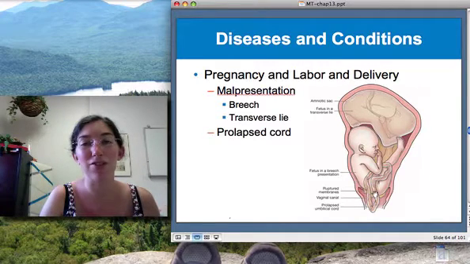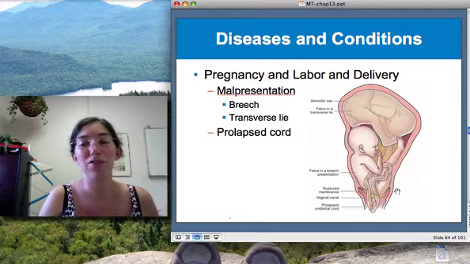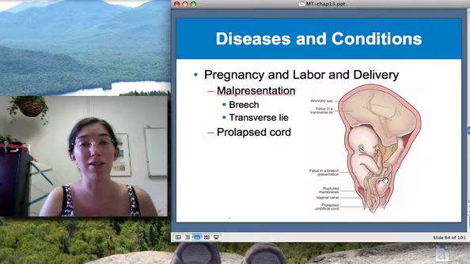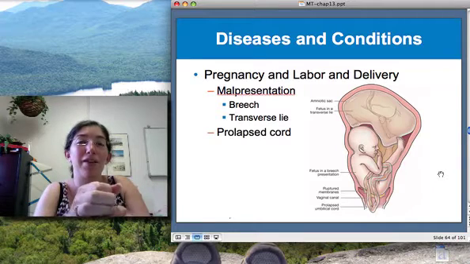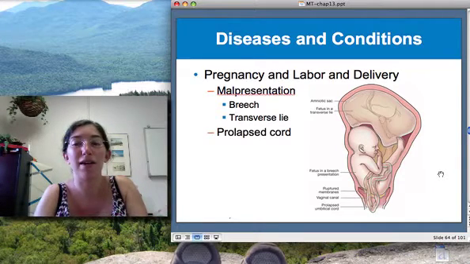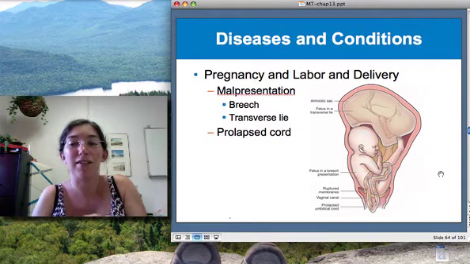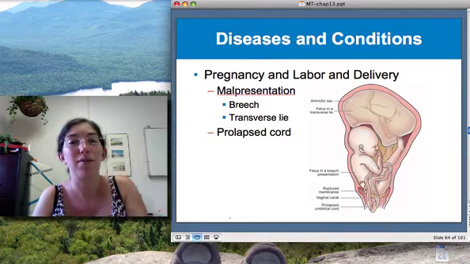One of the complications with breech presentations is the potential for a prolapsed cord, where essentially the cord comes out first, and it can become pinched off. Until the fetus is delivered and the cord is cut, they are still getting their blood flow and oxygen from the mother's blood until they come out and breathe their first breath.